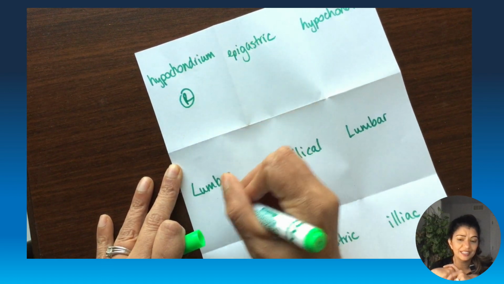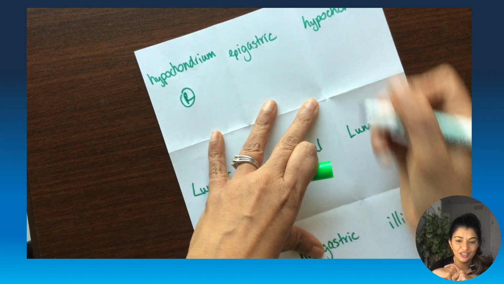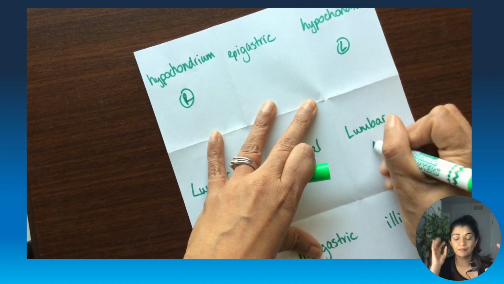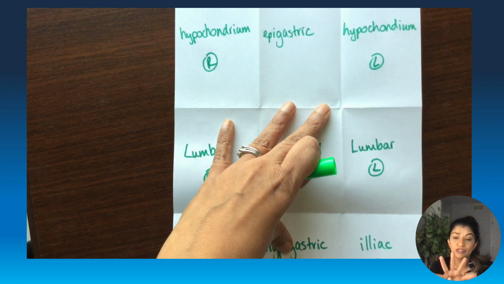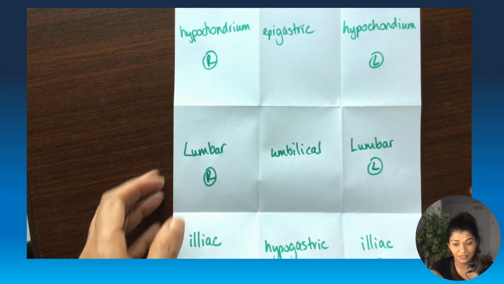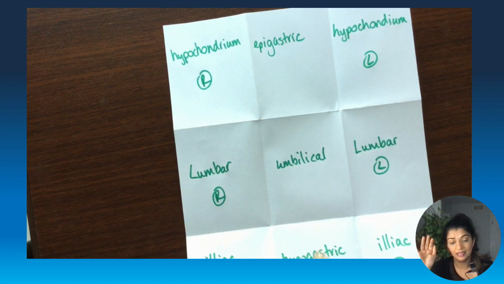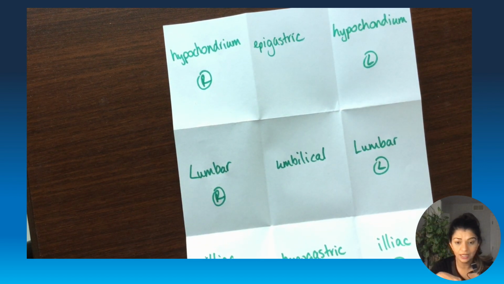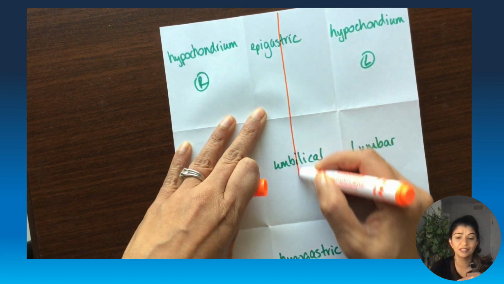But you're not done here, right? What you want to be able to do is visualize both the quadrants and the regions together, because you don't know what the communication is going to look like. Whether they're going to say, oh, in the right upper quadrant, or in the right hypochondrium area, you don't know. So you should be able to visualize both.